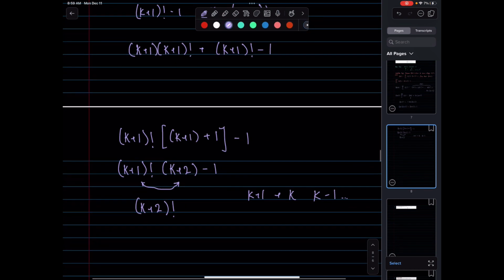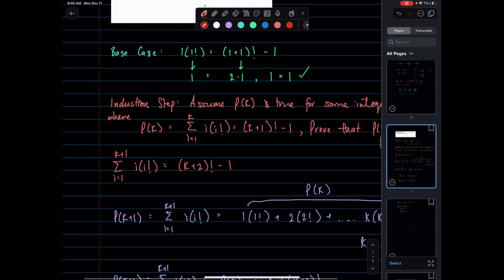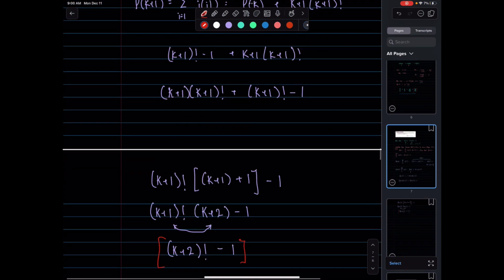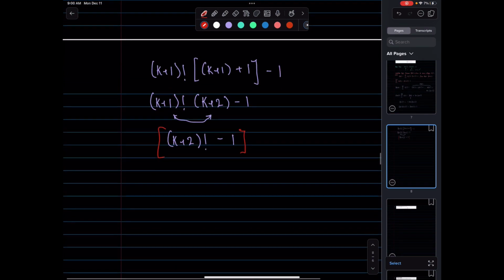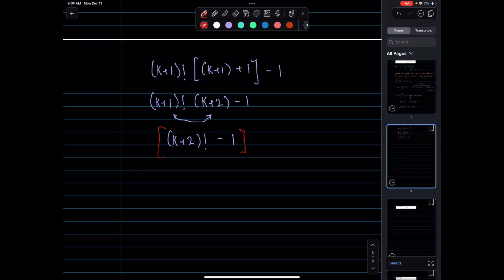So k plus 2 times k plus 1 factorial becomes k plus 2 factorial. And this is what we wanted to prove in our inductive hypothesis. So that proves that pk plus 1 is true.